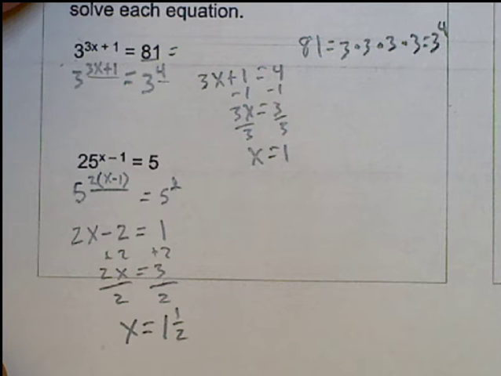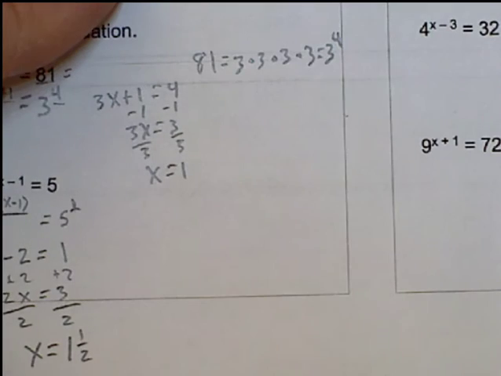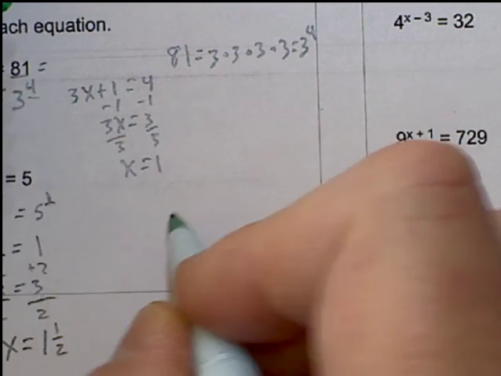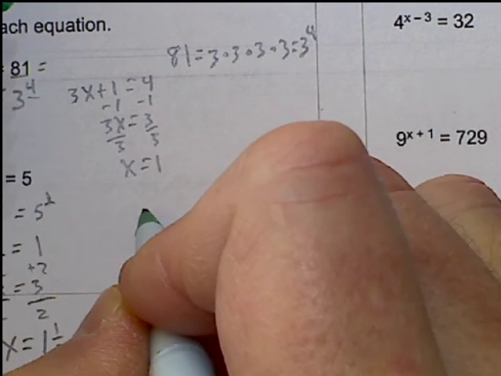Did you do it the opposite way? Could I do what? I don't understand what you mean. Like make 5 into 25 and have it be a half? That should work. If you went the other way, 5 is the same thing as 25 to the 1/2.